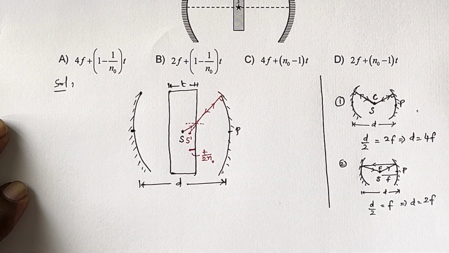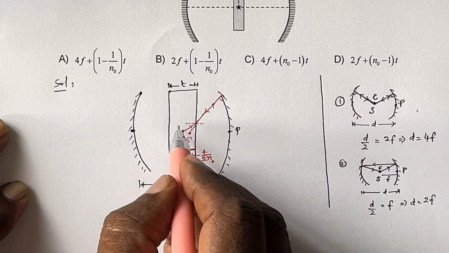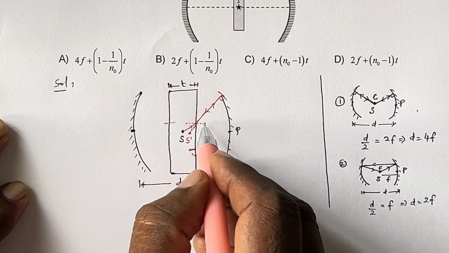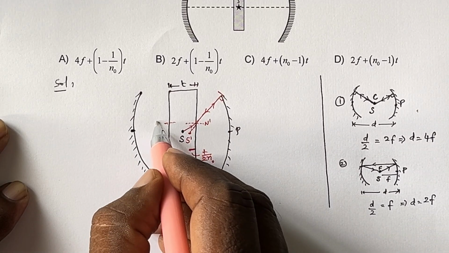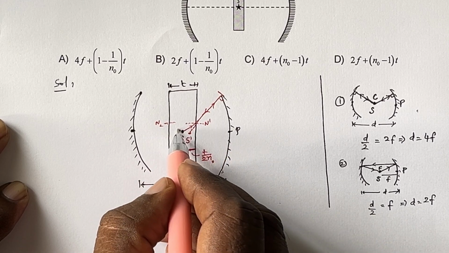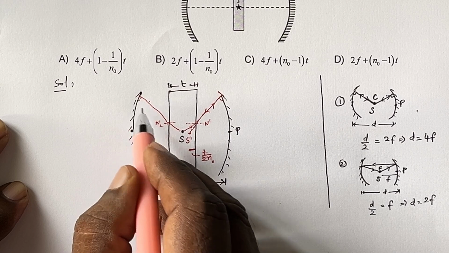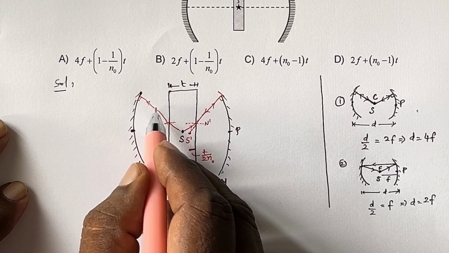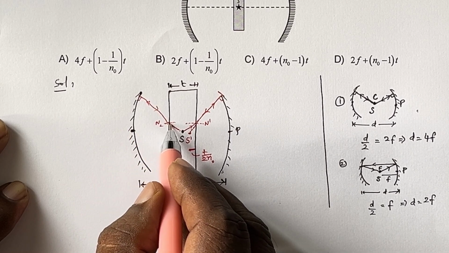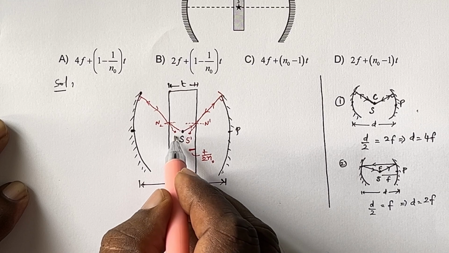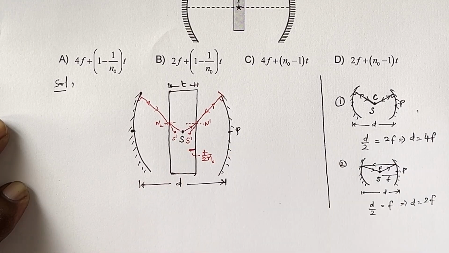If this is the normal, here also the same thing will happen. This is normal incidence, so it retraces and it will appear shifted to S1 when we see from the outside.